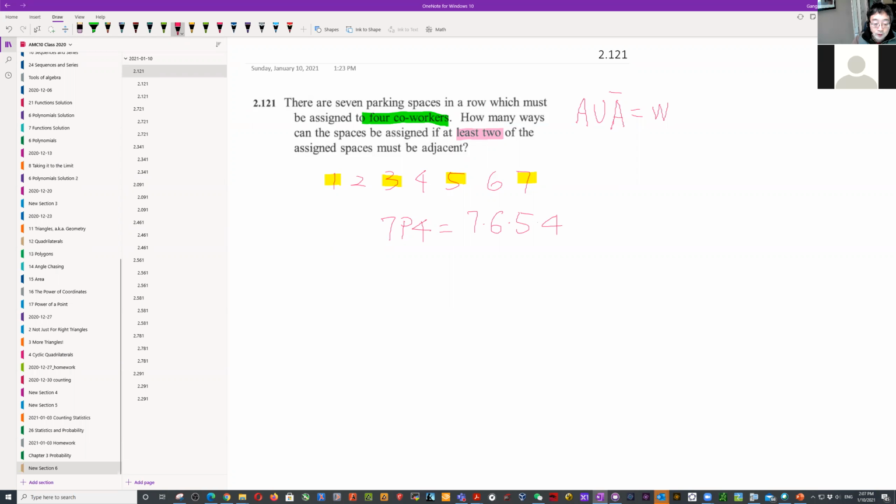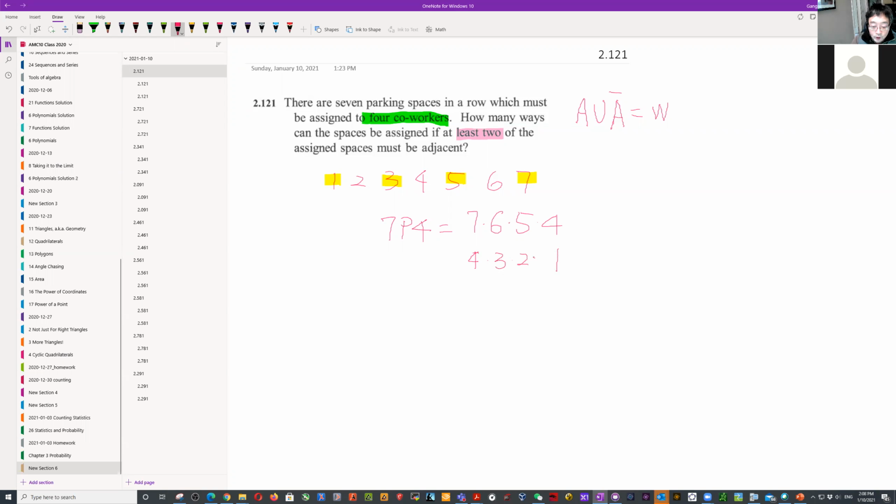Then we have 4 spots to arrange 4 people, which is 4 multiply 3 multiply 2 multiply 1.